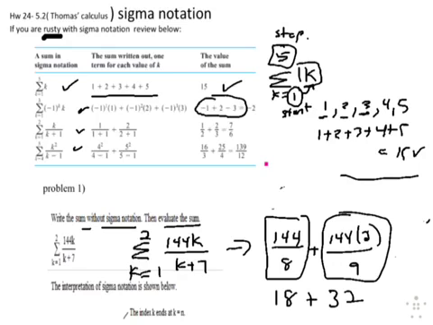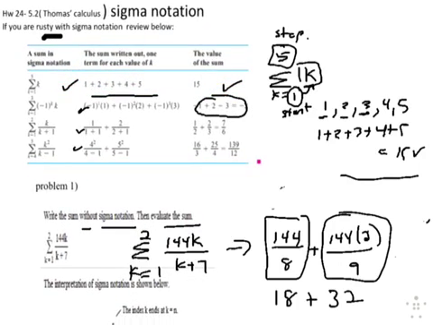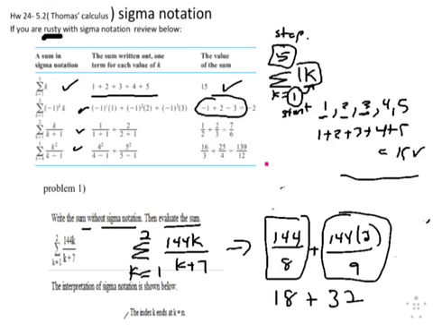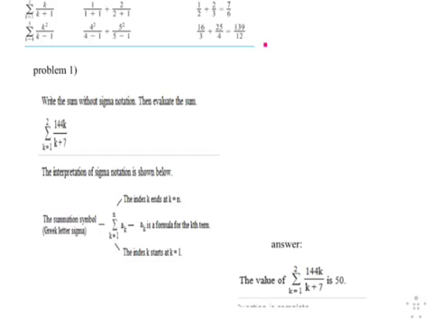After all that sweat equity, 144 over 8 comes to be 18, and this quantity comes to be 32, and 18 plus 32 is 50, and that is the answer we have posted in. Right over here you see I've pasted in that the answer is 50.